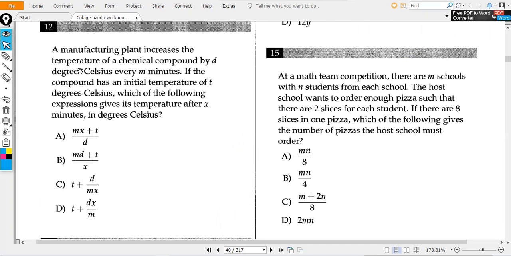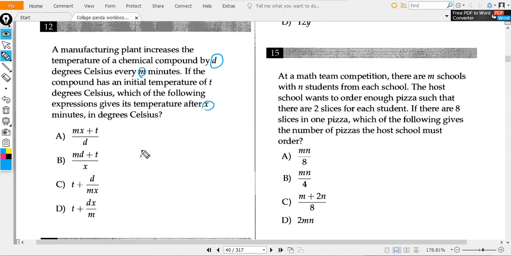In number 12, a manufacturing plant increases the temperature of a chemical compound by D degrees Celsius every M minutes. D degrees every M minutes. If the compound has an initial temperature of T degrees Celsius, which of the following expressions gives its temperature after X minutes in degrees Celsius?